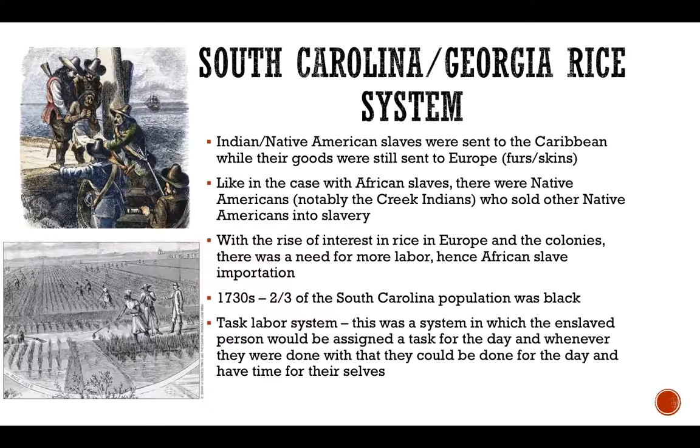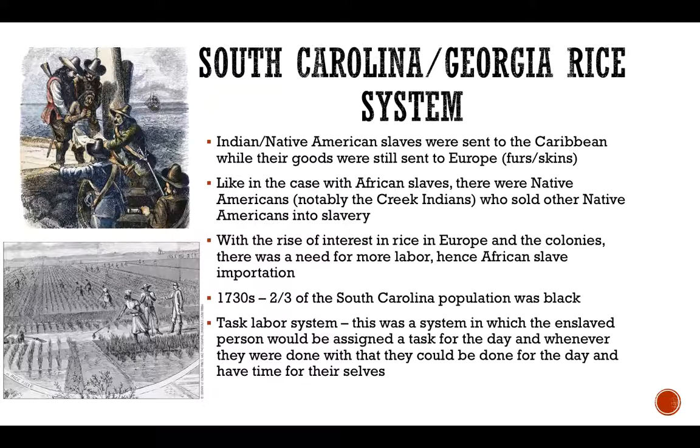So the furs and skins and all of those things that they had been trading with the Europeans, that still happened. But when people were captured and sentenced to enslavement, they were sent to the Caribbean again to get further away from people they knew and this ability to rebel.